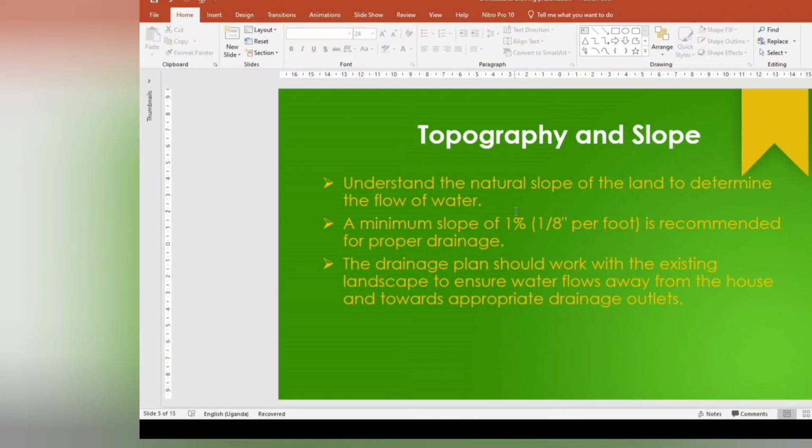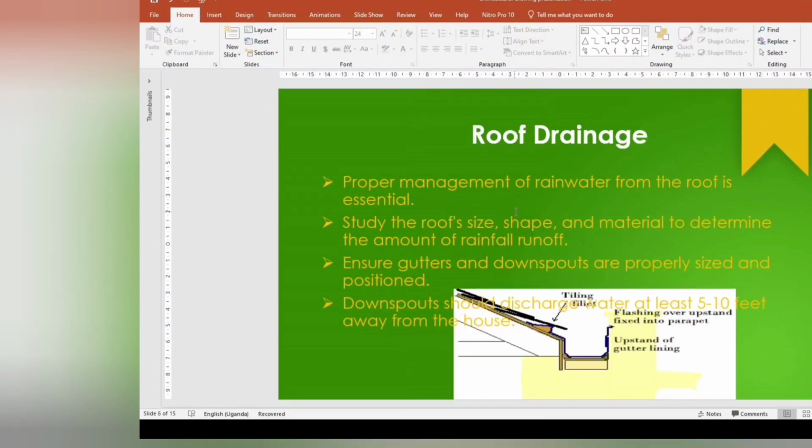Next, we shall look at the important thing number 2, which is roof drainage. Depending on the plan you're going to design, you must consider how, depending on the type of the roof, let it be the flat roof, hipped, or gable, one should know how water, which is rainwater, would be drained off from that roof.